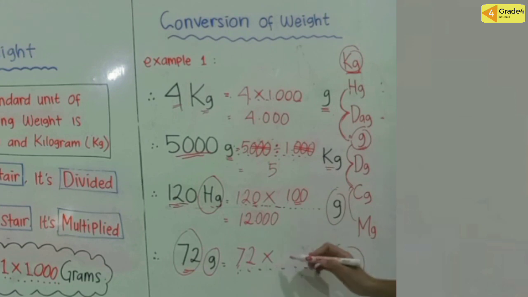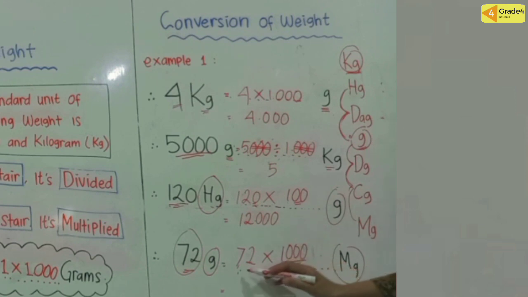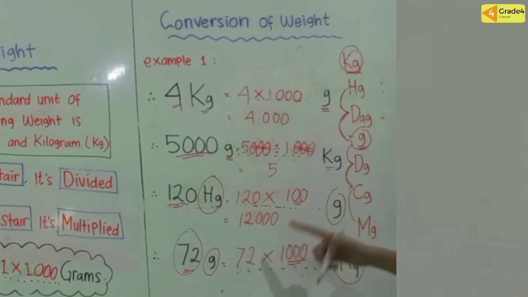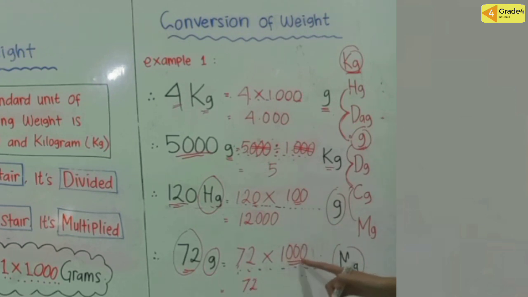So we multiply by 1000, which consists of 3 zeros. And then we get the equation. We just calculate 72 times 1. The answer is 72. And then we write down the zeros: 1, 2, 3. So the answer is 72 grams is equal to 72,000 milligrams. Understand?